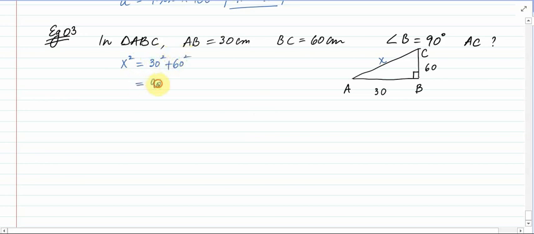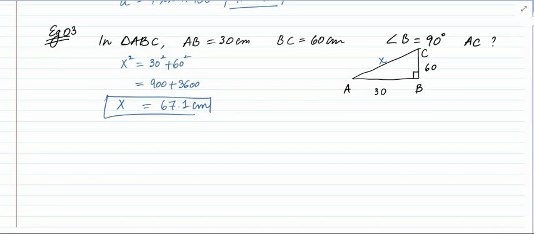Now 30 square is 900 and 60 square is 3600. So you need to add these two. 3600 plus 900 will be 4500, and root of 4500 is 67.1 centimeter. That is the value of x. Since this length is the hypotenuse, it must be the longest one. So 67 is the longest one in this triangle, right?